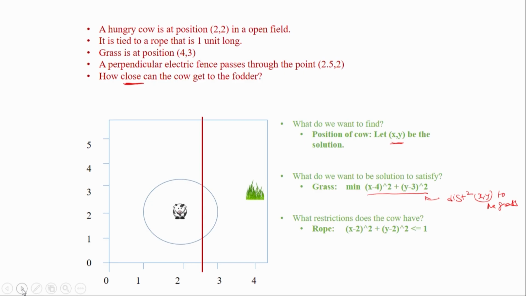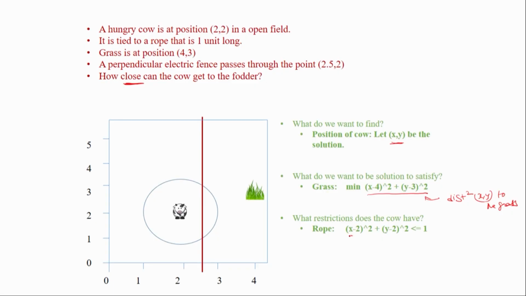The rope constraint says the cow has to be within the circle of radius 1, which means, if you start from 2 comma 2, which is where the cow is, and it cannot move beyond the circle of radius 1, any solution x comma y that you finally say as the answer should necessarily satisfy the condition that x minus 2 squared plus y minus 2 squared is less than or equal to 1, right? So is that clear? Because it has to be within that circle. So it better satisfy this constraint.